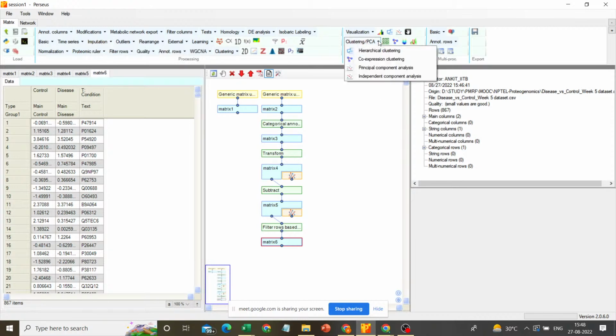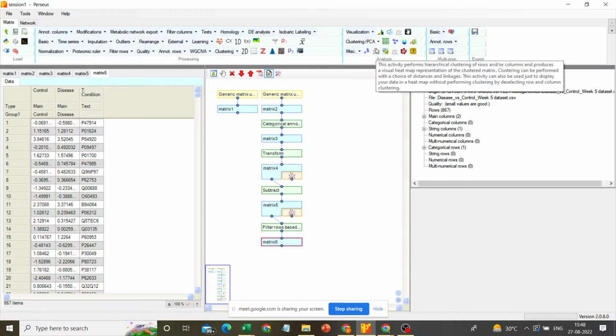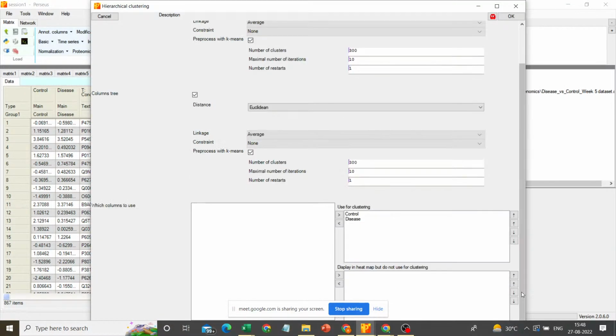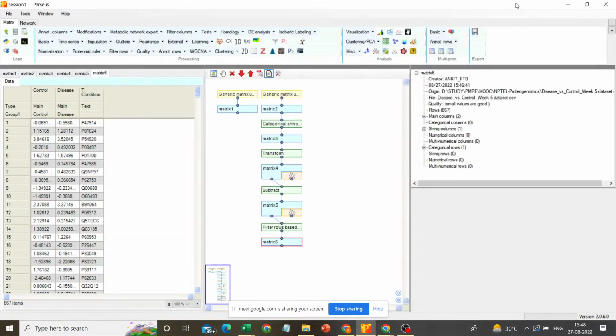Here also you can perform hierarchical clustering. Let us look at the PCA.